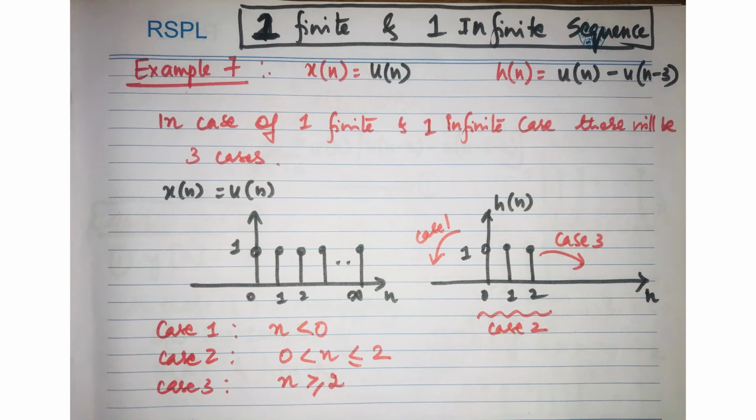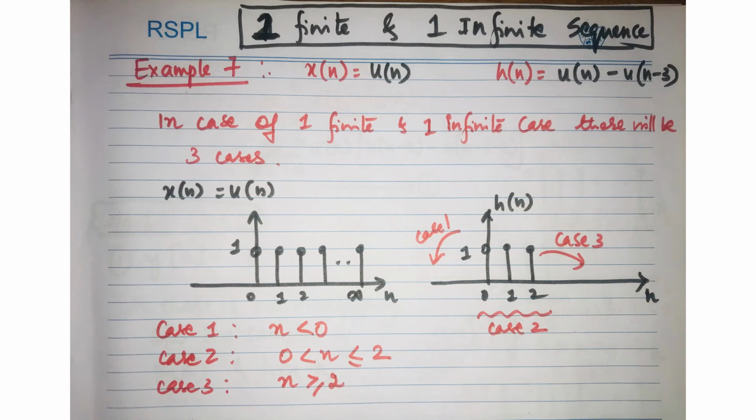Let us first draw x of n and h of n. So now you can see h of n is u of n minus u of n minus 3. So you will get three samples starting from 0 to 2.